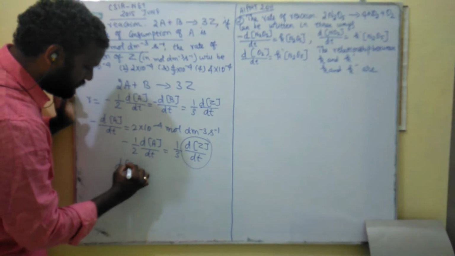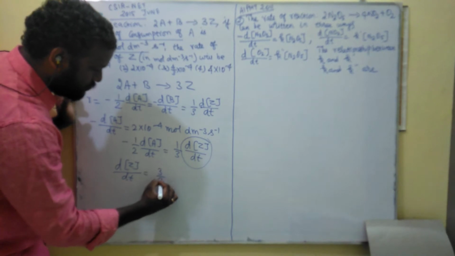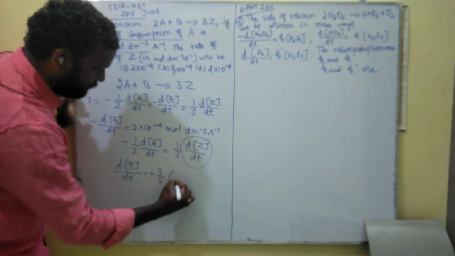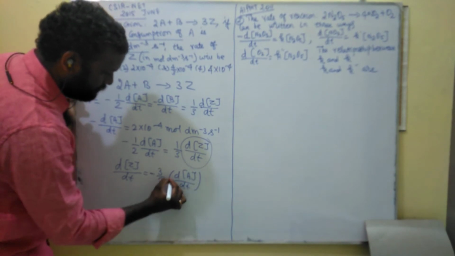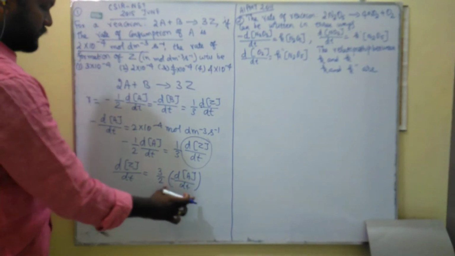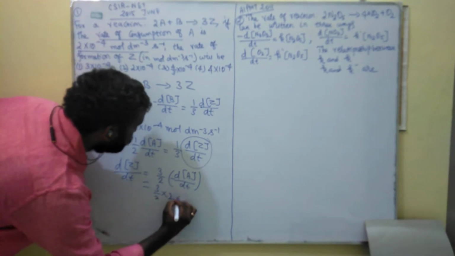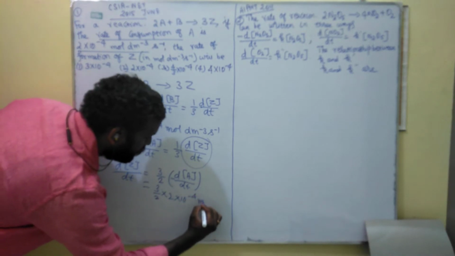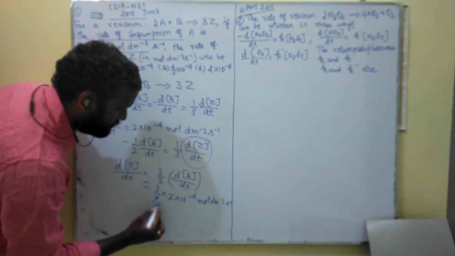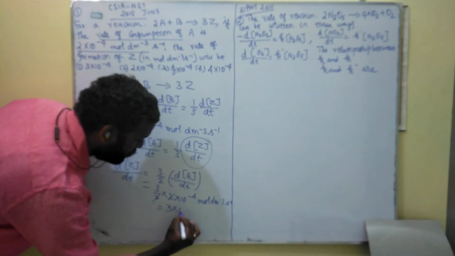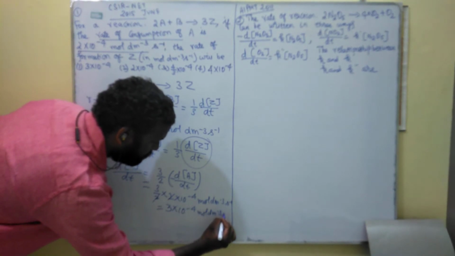So change in concentration of Z with respect to dt is equal to 3 by 2 change in concentration of A by dt. Right. Change in concentration of A by dt is given. So 3 by 2 into 2 into 10 power minus 4 mole per decimeter cube per second. The 2 cancels, so we have the answer 3 into 10 power minus 4 mole per decimeter cube per second.